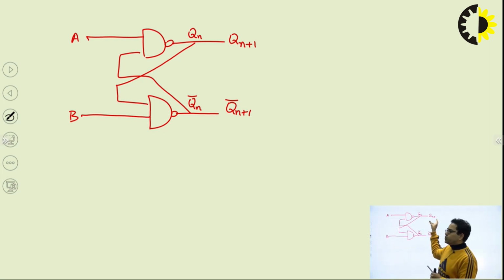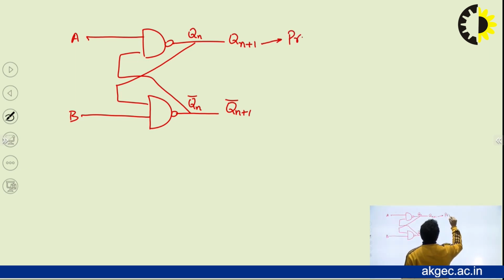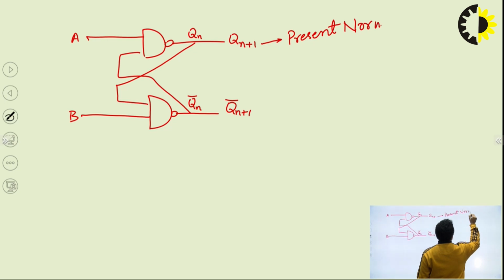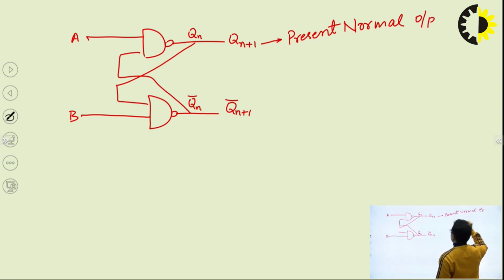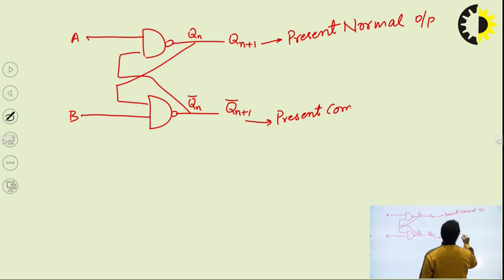This Qn plus 1 is called the present normal output. Why do I say normal? Because we consider it in normal form as Q, and its complemented form we consider as Q bar. So that is your present normal output. Similarly, this is called the present complemented output.